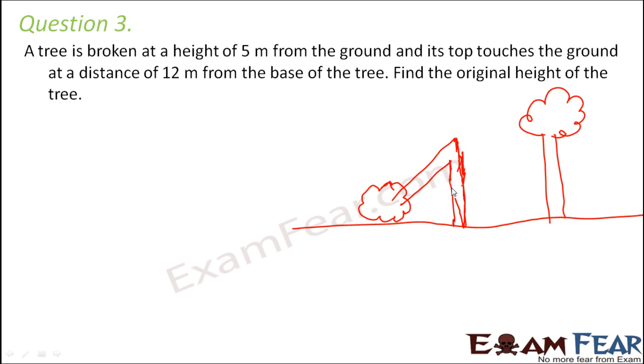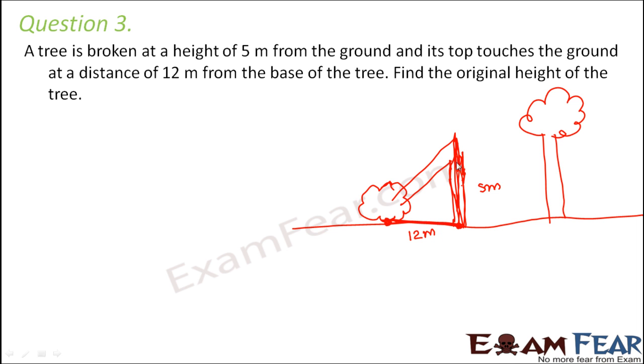That means this height is actually 5 meters. And it also says that the top touches the ground at a distance of 12 meters from the base of the tree. This is the base of the tree and this is where the top touches the ground. So basically this distance is given as 12 meters. So we have to find out the original height of the tree.